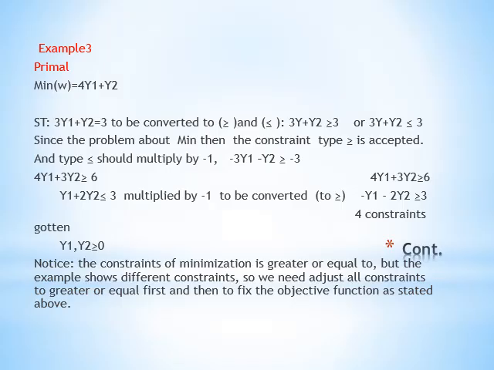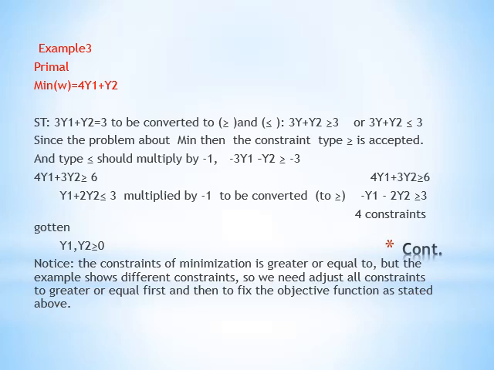The second constraint, 4y1 plus 3y2 more or equal 6, is respectable. y1 plus y2 less or equal 2.